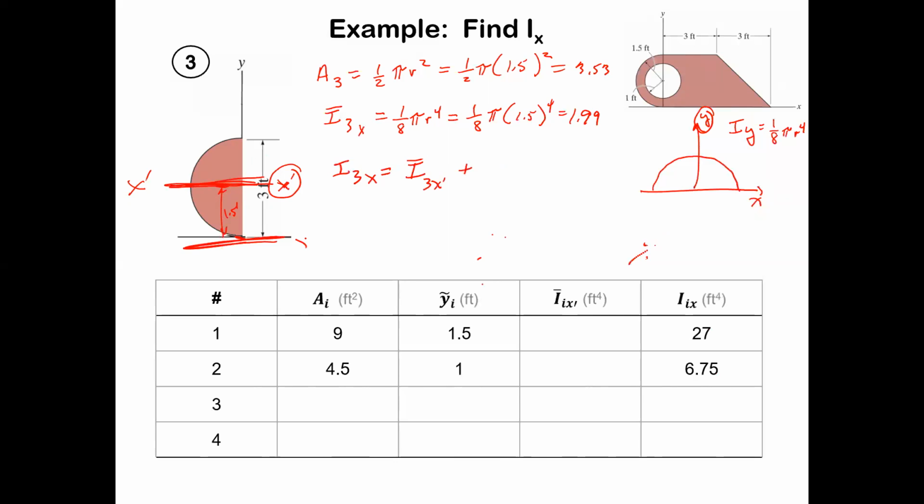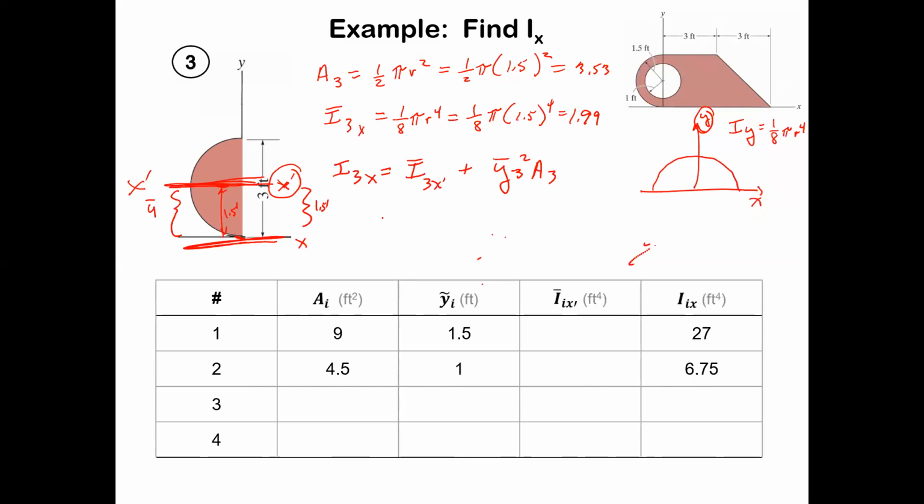The separation distance between the x-axis and the x prime axis is 1.5 feet. This distance is also called y bar. It's the height of the centroid from our x-axis.